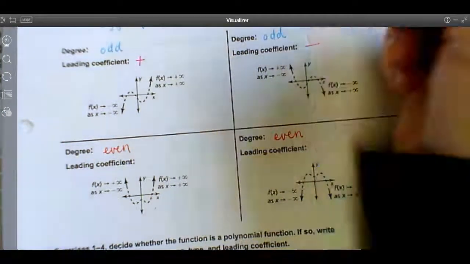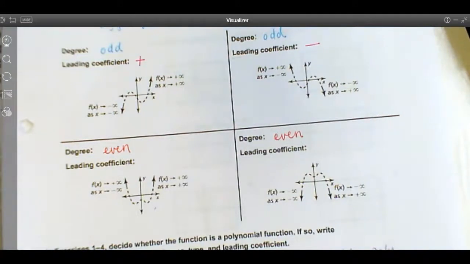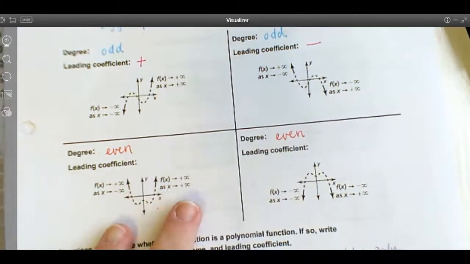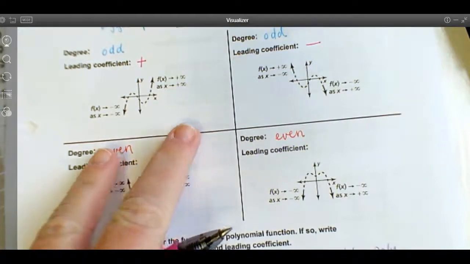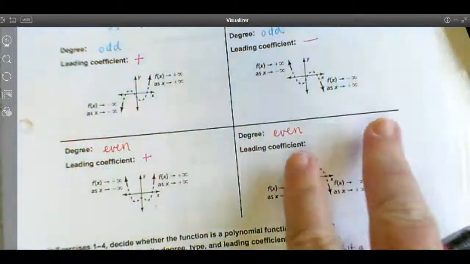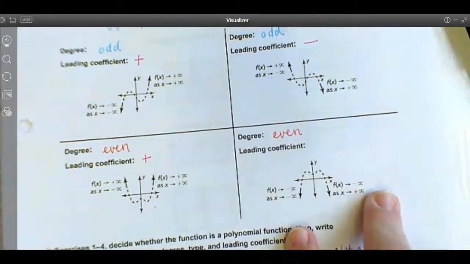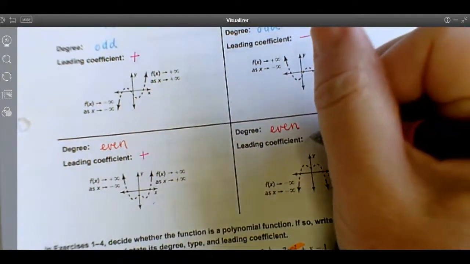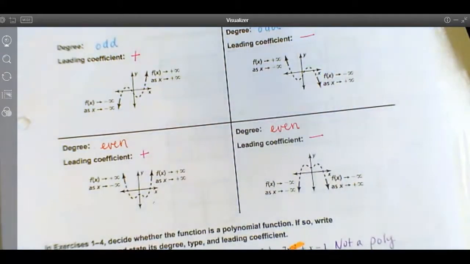So its leading coefficient would be negative. These, I just think about the ends. They're both going up on the ends. So leading coefficient should be positive. This one's both going down on the ends, so leading coefficient should be negative. And if you see some graphs and a question about the graphs, look back at this. This might help you to see the way the graph looks and then to determine what's going on.